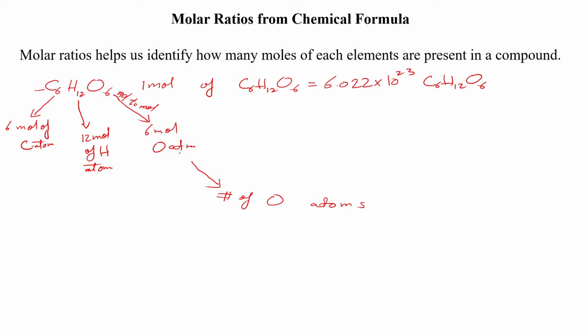6 moles of oxygen atoms, you need to find the atoms. So you will be using Avogadro's number, which is 6.022 times 10 to the 23.